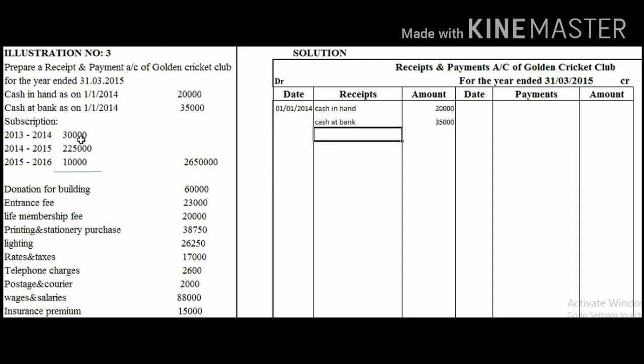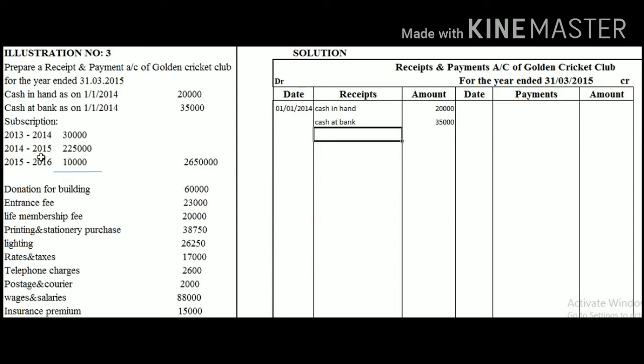The receipts will include all the receipts received in this particular year, irrespective of the year to which they belong. That means it records all receipts and payments irrespective of the period to which they belong. It means it records receipts and payments for the past, the current or the future period.